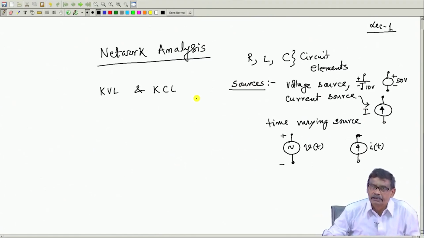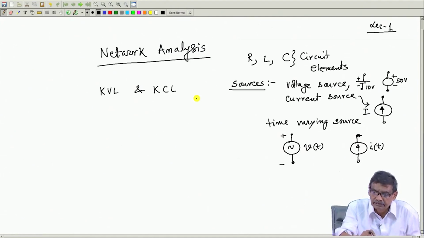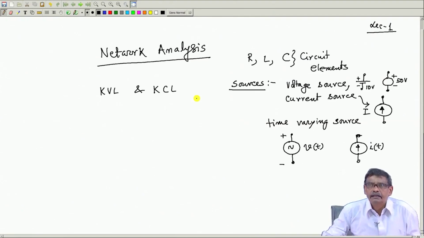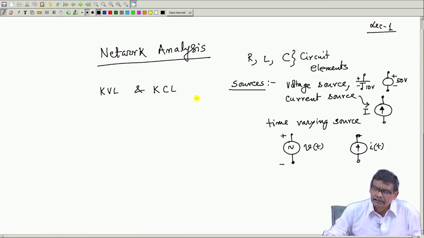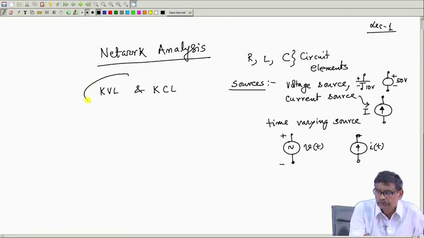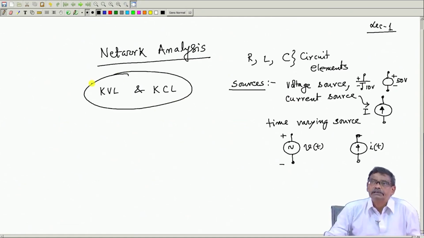What I am trying to tell is that with this knowledge, any circuit can be solved. Maybe it will become lengthy, it is not a very efficient method, but nonetheless these are the two laws which are used to solve any circuit problem.